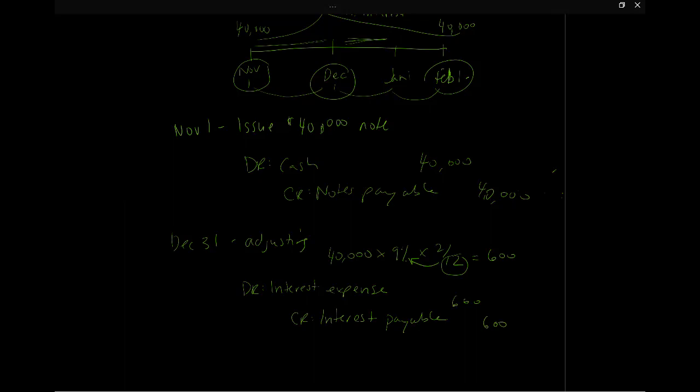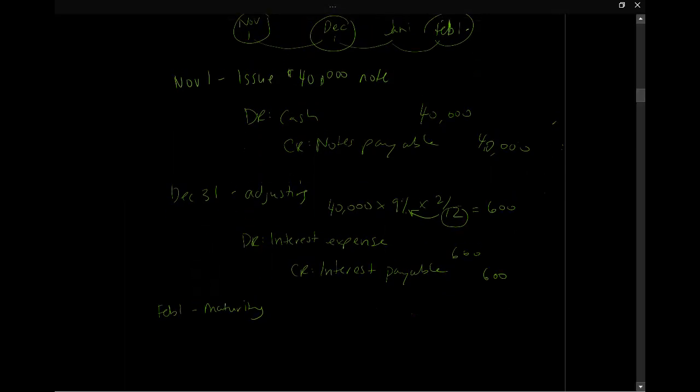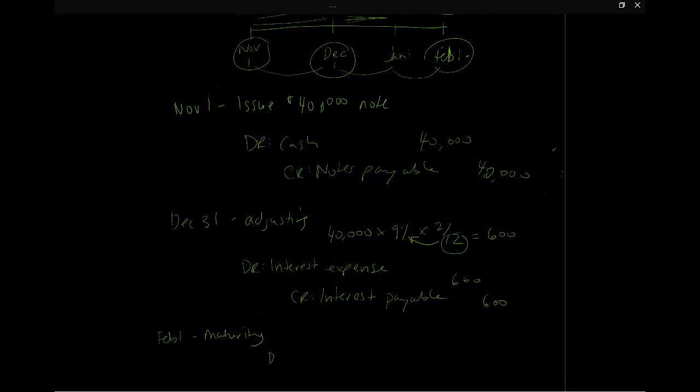Okay, so now we've accrued the interest, we've got the cash. The last entry that we're asked to prepare is the February 1st entry, and this is the maturity of the note. So what's going to happen at the maturity? Well, we know we're going to have to debit the notes payable because we set that up as a credit, so we need to remove it from our statement of financial position.